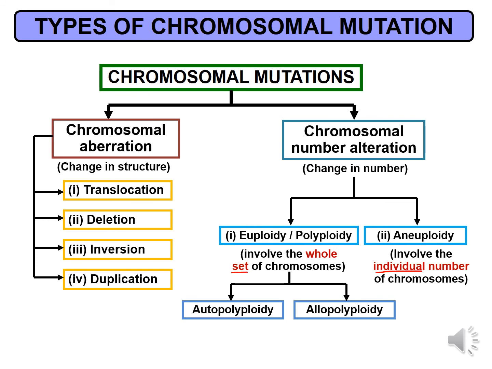Under euploidy or polyploidy, we have autopolyploidy and allopolyploidy. In autopolyploidy, the whole sets of chromosomes are derived from the same species, whereas in allopolyploidy, the whole sets of chromosomes are derived from two different but mostly closely related species.